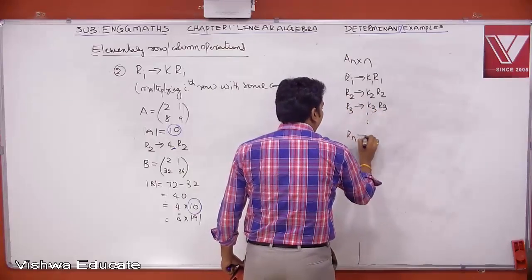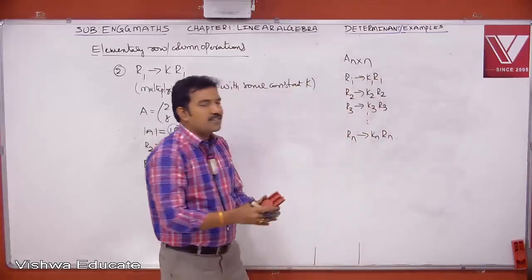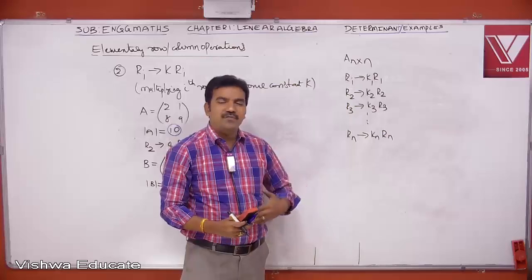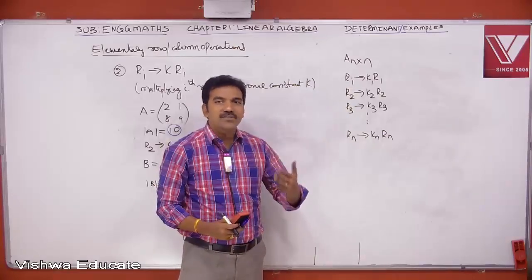Rn is multiplied with some constant Kn. So all these constants can be different, they can be same. Few constants can be same, few can be different, or all can be same, all can be different.